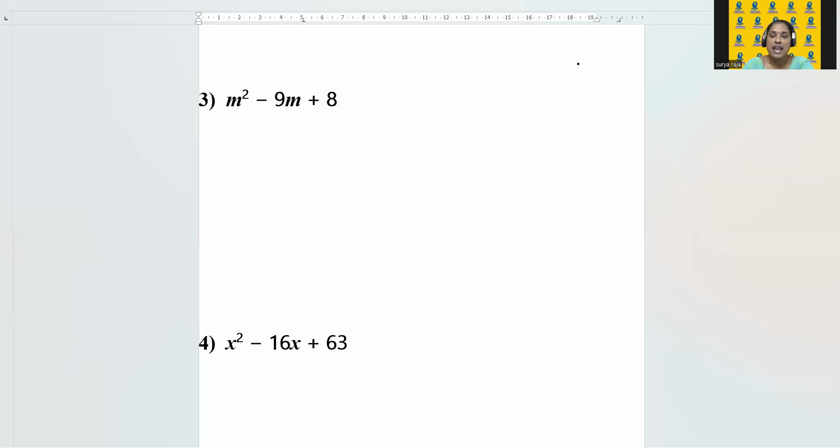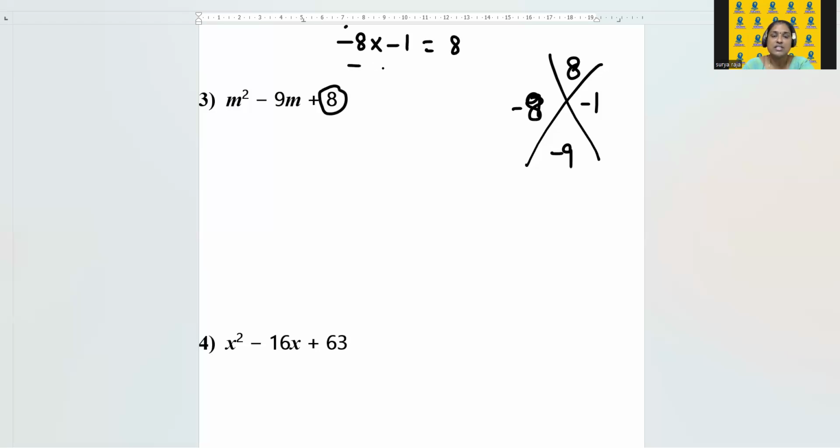So we have 8 to find the factors. Minus 8 times minus 1 is plus 8, the constant, and minus 8 minus 1 is minus 9, the coefficient of m.